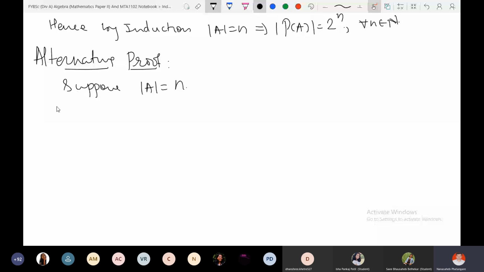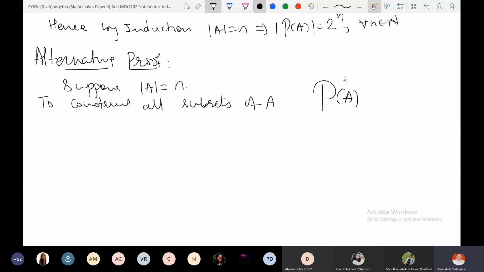Now I want to construct all subsets of A. So I want to construct the power set of A. That means I will try to construct all the subsets of A, put them in the power set of A, and then count how many subsets I found. That is the aim.